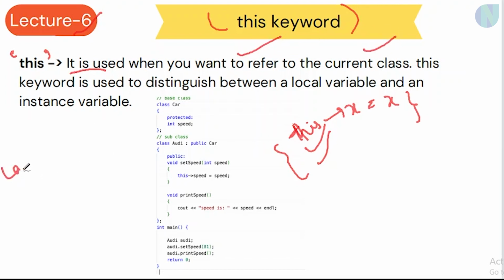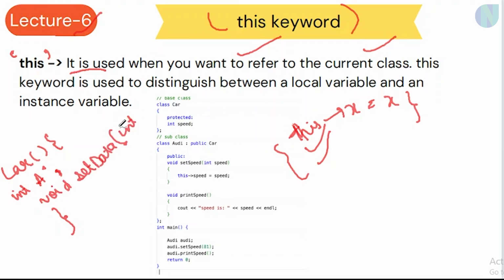Consider you have a car class, and the car class has some variable int a. Now you want to set this variable, so void set data, and here I am giving int a. Now I am doing a is equal to a.